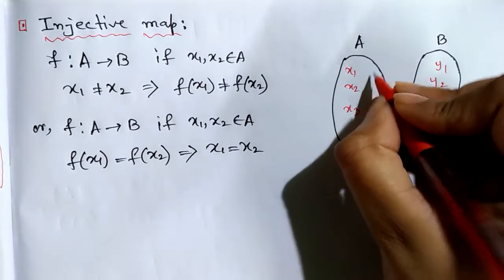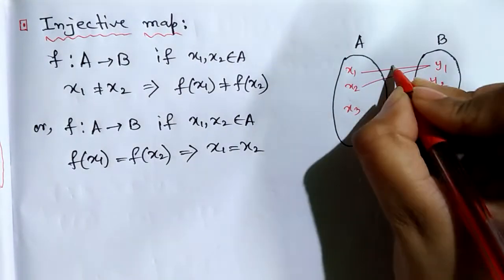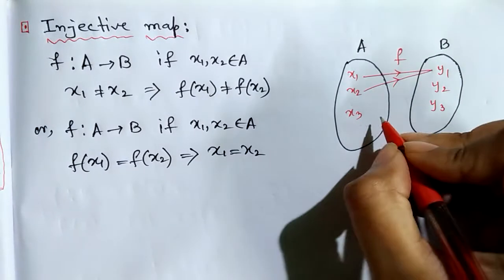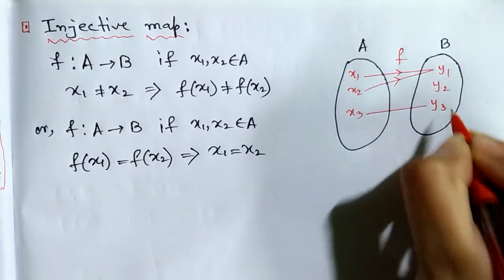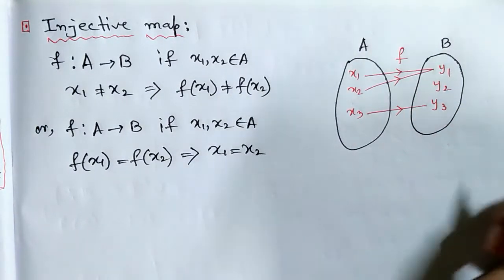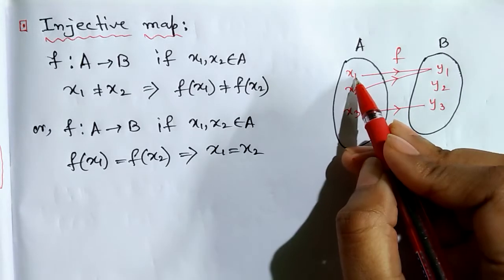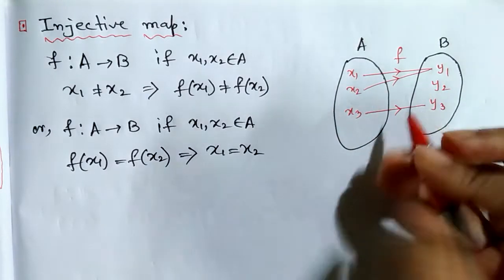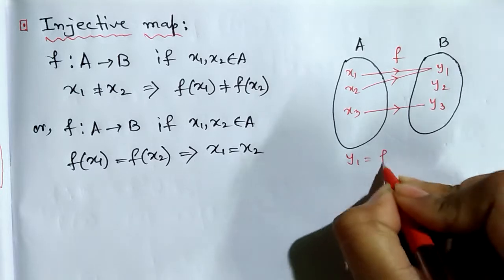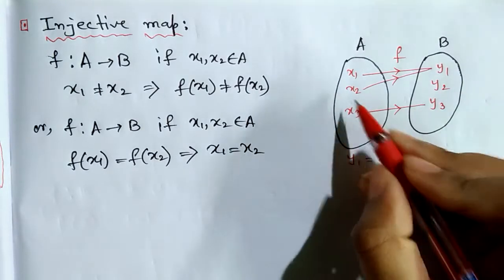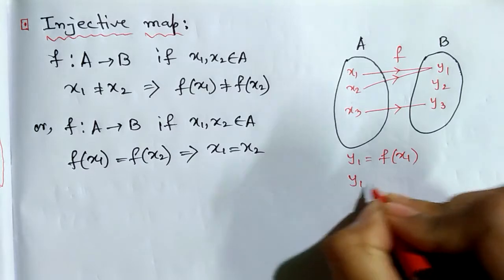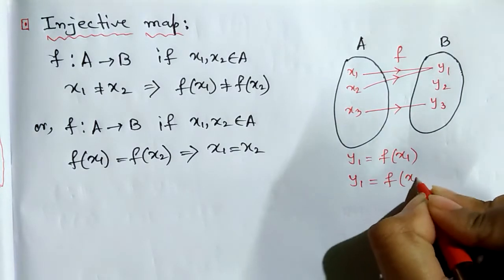Suppose y1 has two pre-images x1 and x2 under f, and x3 maps to y3 under f. The image of x1 is y1, so we can write y1 equal to f of x1. Again the image of x2 is y1, so y1 equal to f of x2.